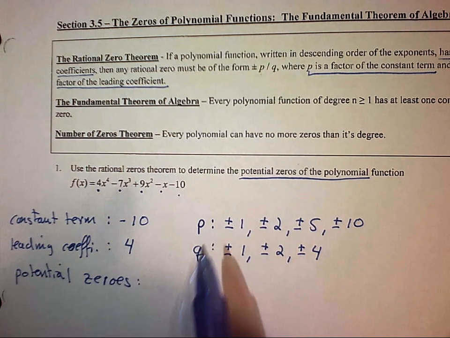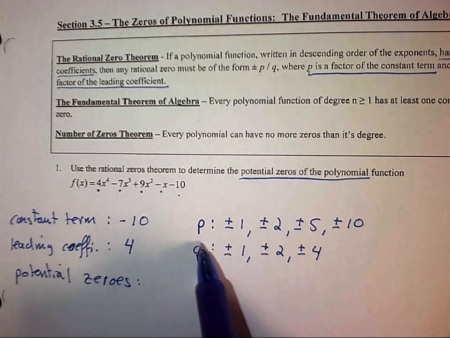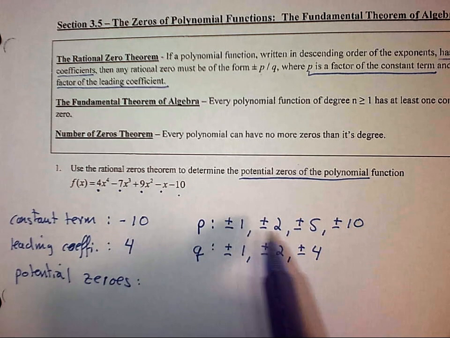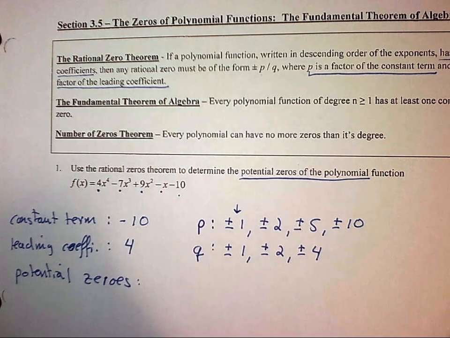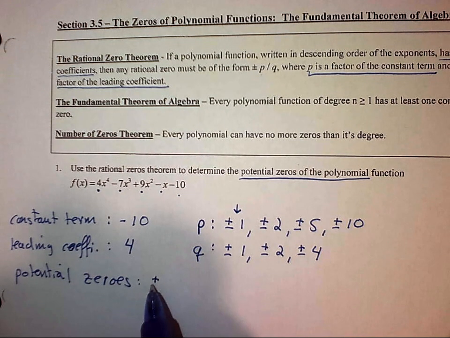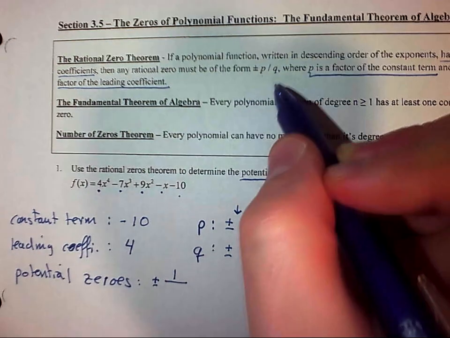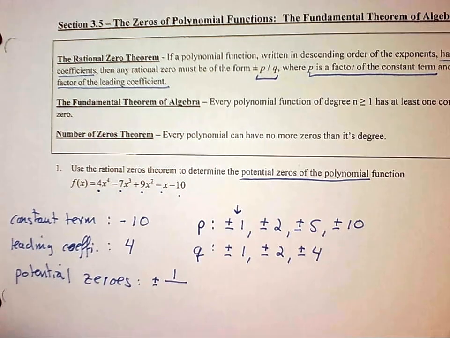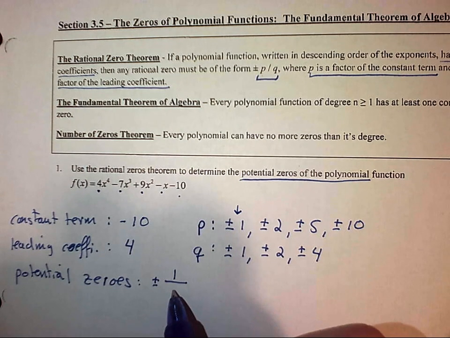So if we take this p right here to be our numerator and take q to be our denominator, we're simply going to go down the list. I'm going to start off with this one right here for p. So it's going to be plus or minus 1 divided by q, right? That's what we're going to list as our potential zeros. So our first one for q is simply 1.